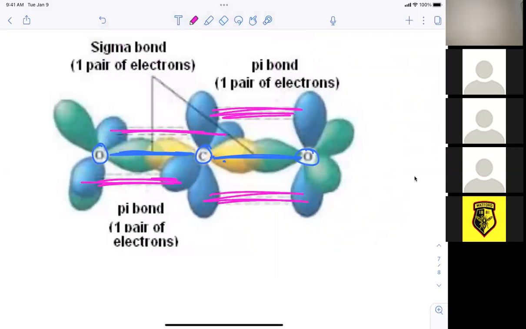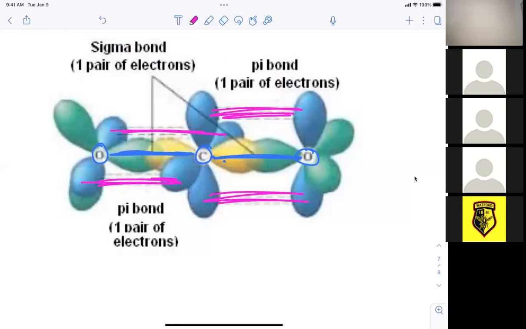So the extra bonds happen with p orbitals that are parallel to each other, like here or like here. And that's a pi bond. Now, the pi bond is both the top and bottom together. So that's not like half a pi bond on top, half pi on bottom. The pi bond is the whole pink going from one to the other. Both top and bottom is one pi bond, and on the left, both pink lines are the whole pi bond as well.